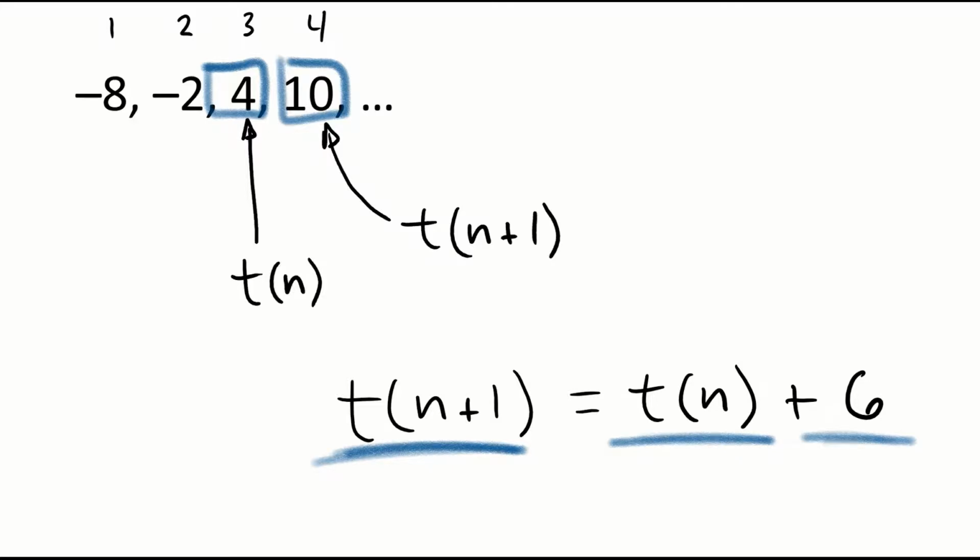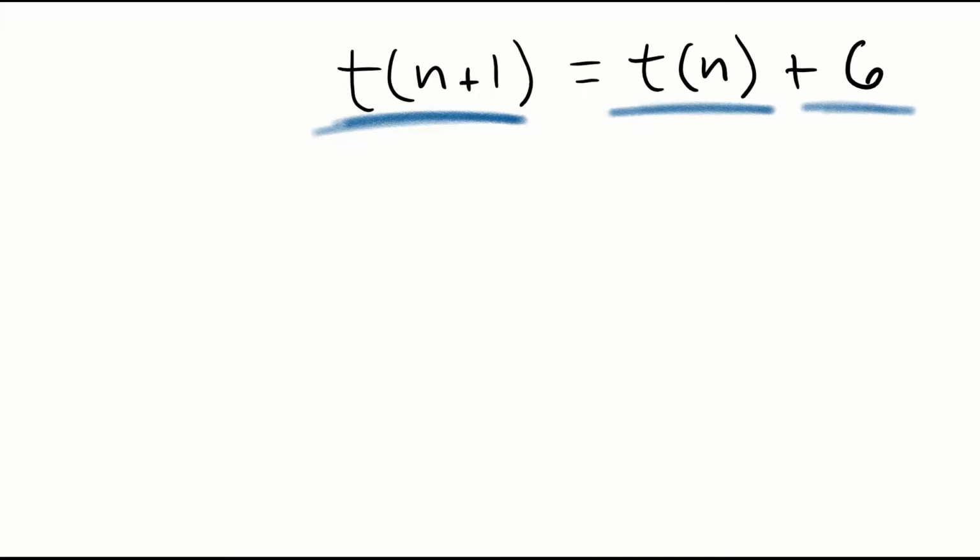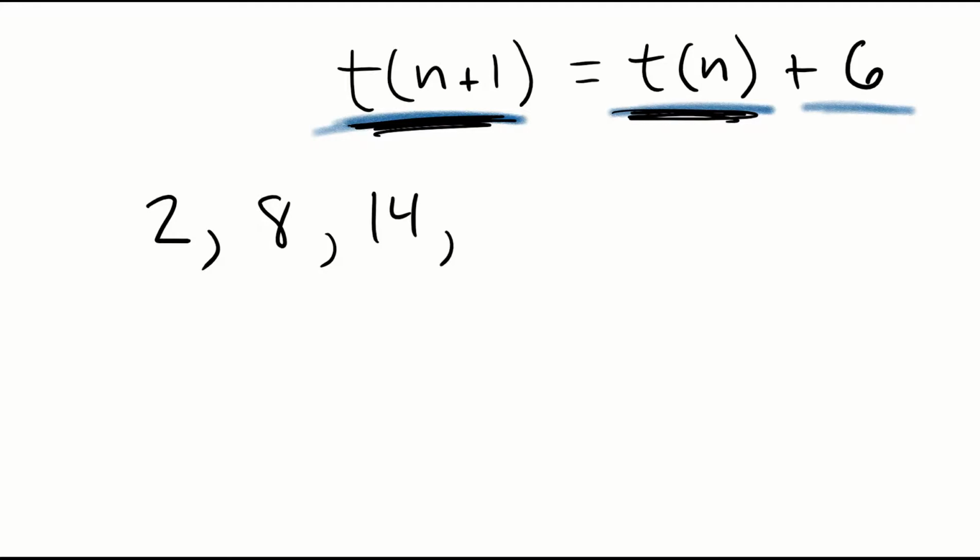So for example, if I was to start with a sequence that began at the number 2 and use this rule, it says in order to get to the next value, take the value that I'm at, 2, and add 6 more. This would become 8, plus 6 more would be 14, plus 6 more would be 20, plus 6 more is 26, plus 6 more is 32, plus 6 more is 38.